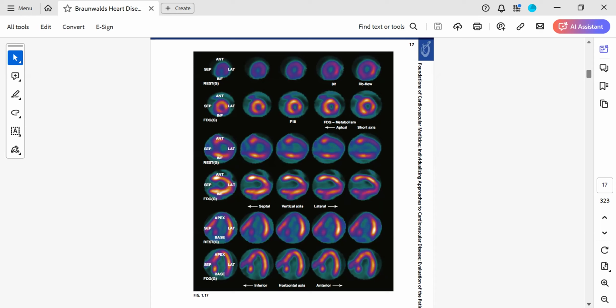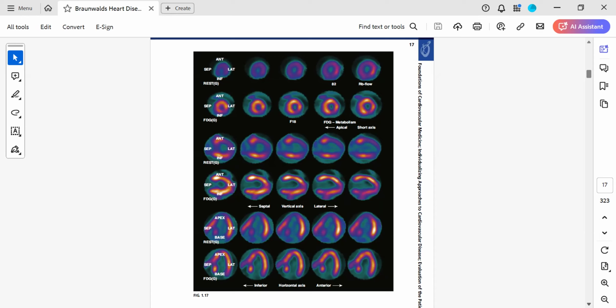So if we look at the last two columns of this picture by our right hand, the second to the last is the FDG metabolism, and then the last column is the RB, that's the rubidium flow.